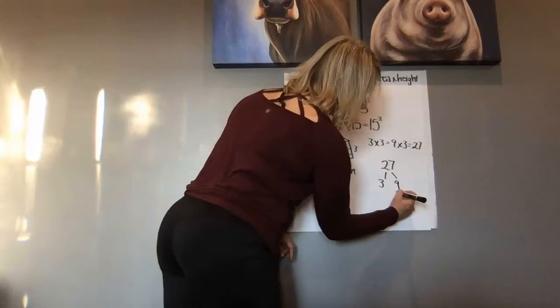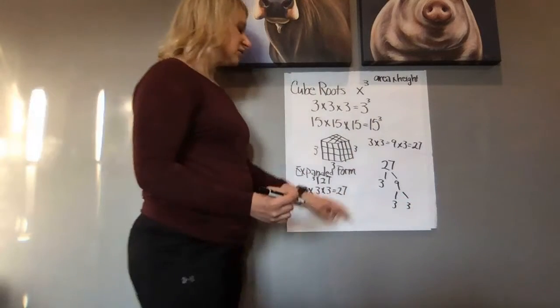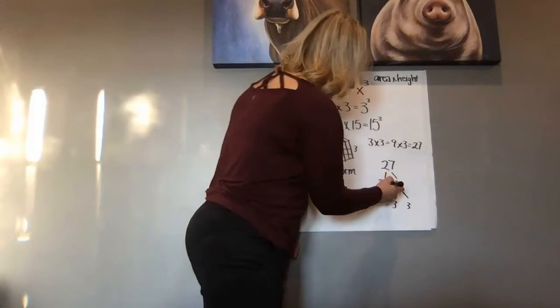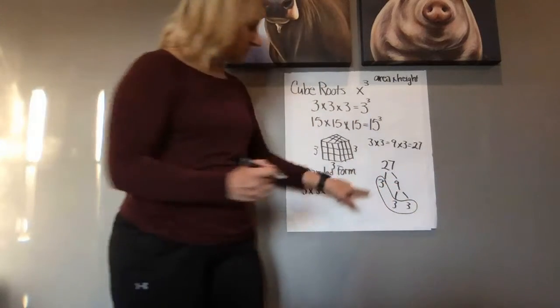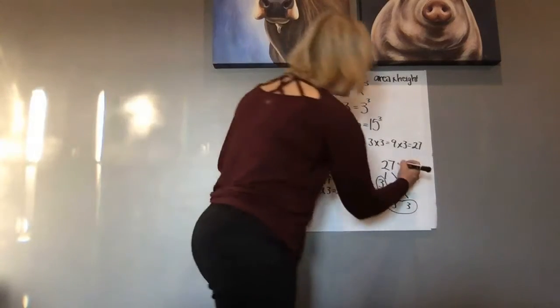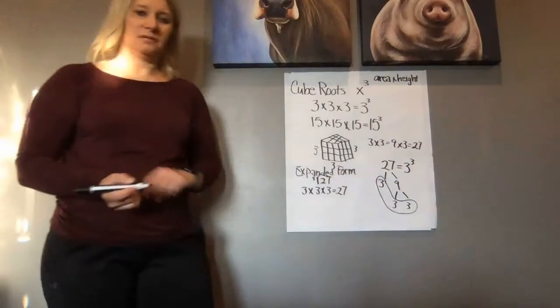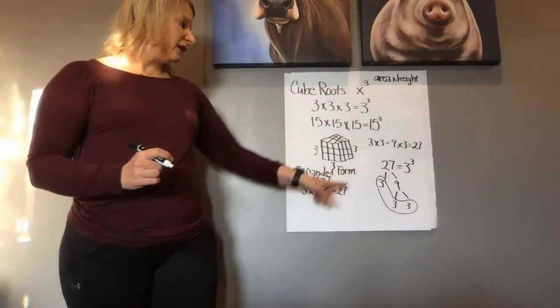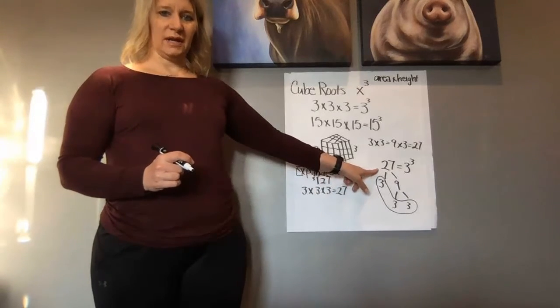But 9, we also know, is 3 times 3. So we have a perfect cube. We're looking for triples because we're talking about cubes. So now we have 3 times 3 times 3. So that is 27 equals 3 cubed. So if you're kind of stuck with this, factor it. It works for any of them.